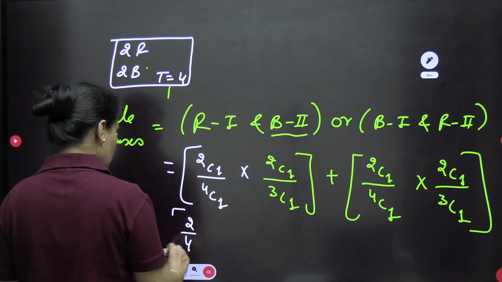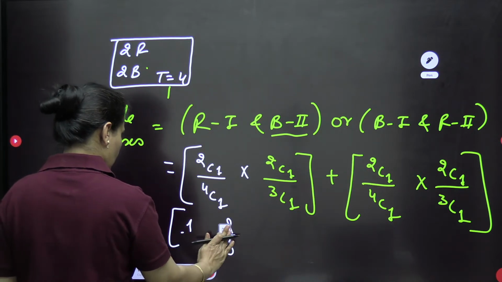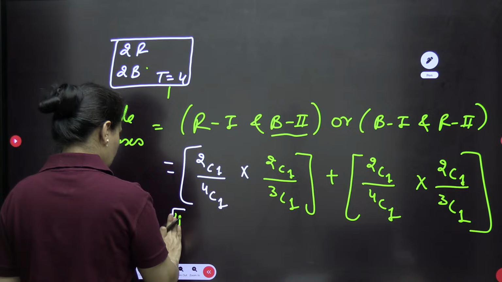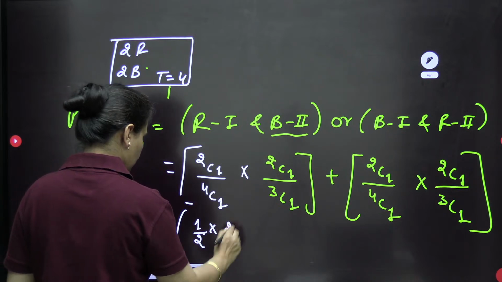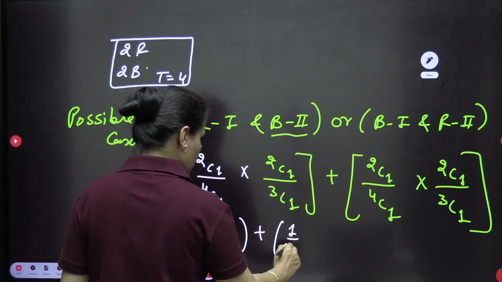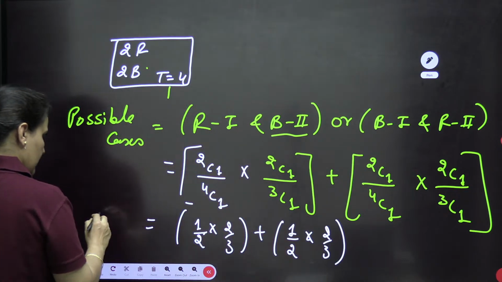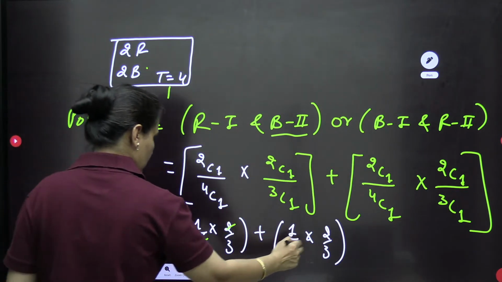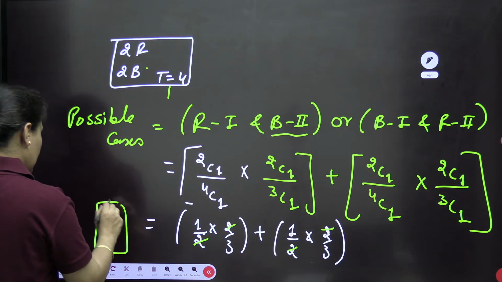So 2 by 4, or 1 by 2, into 2 by 3, plus 1 by 2 into 2 by 3. Which is nothing but 2 and 2 gone. This is 1 by 3 plus 1 by 3, so 2 by 3 is your answer.